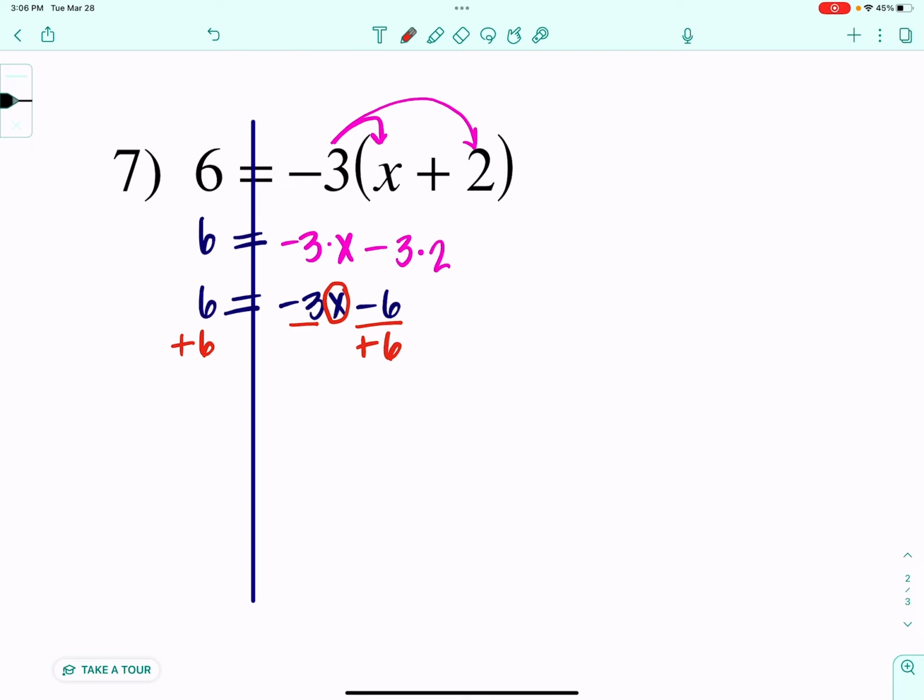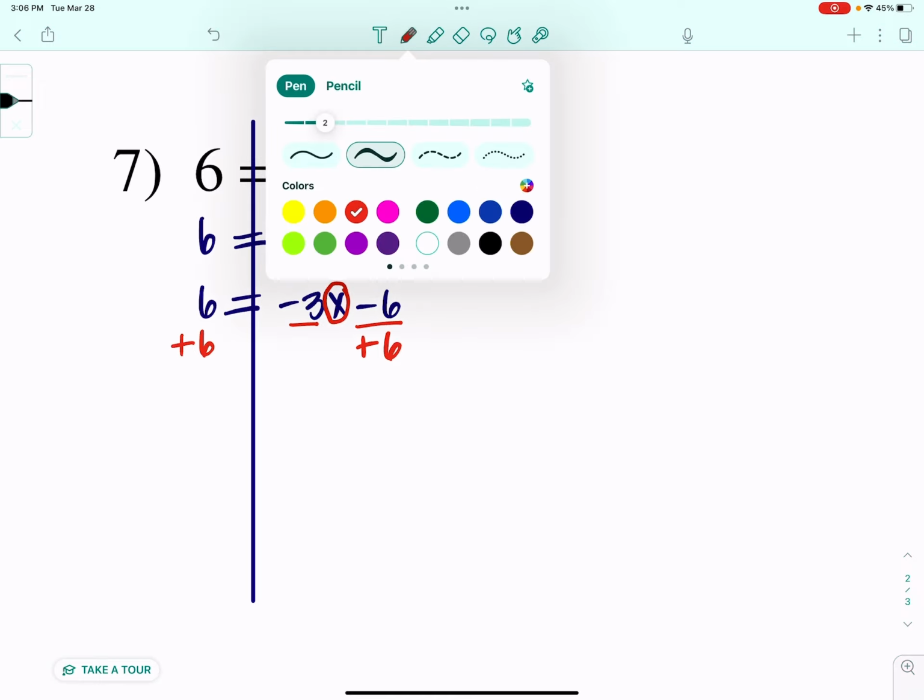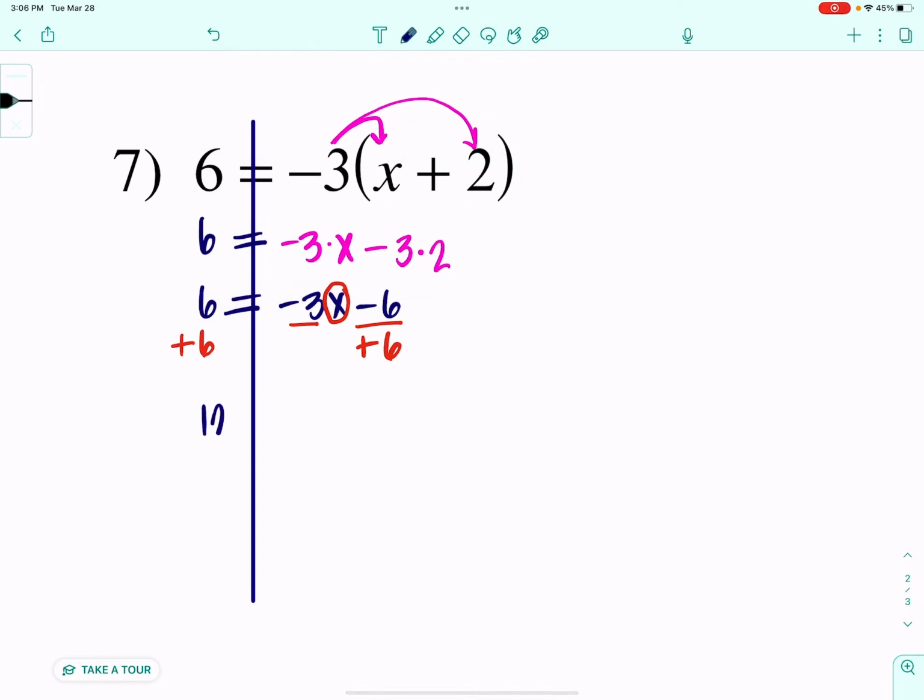So when we add 6 to both sides, because adding is the inverse of subtracting, we get 12 is equal to -3x. And unfortunately, now it's time to kick out your BFF.